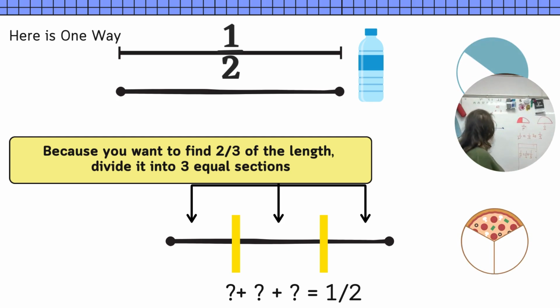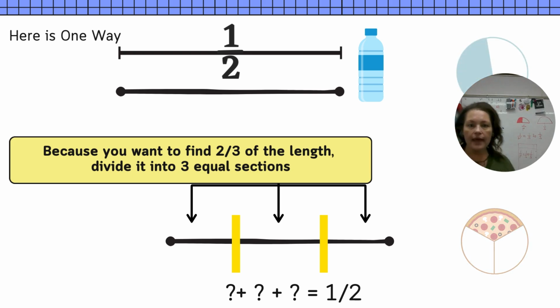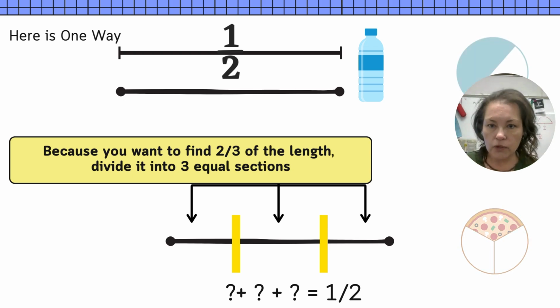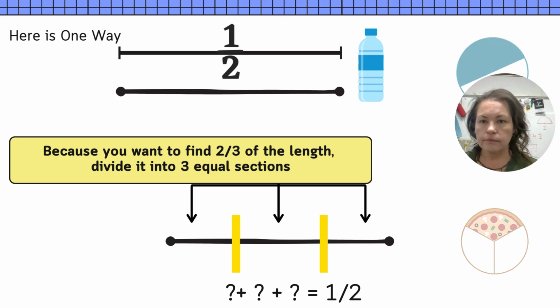So if you have the half circle here, and that's our half circle, fine. But then you take the third of the pizza, and it's obvious that a third is less than a half, but we're trying to find out what?